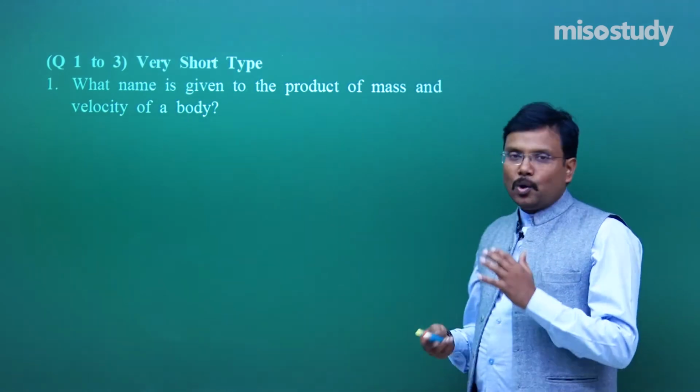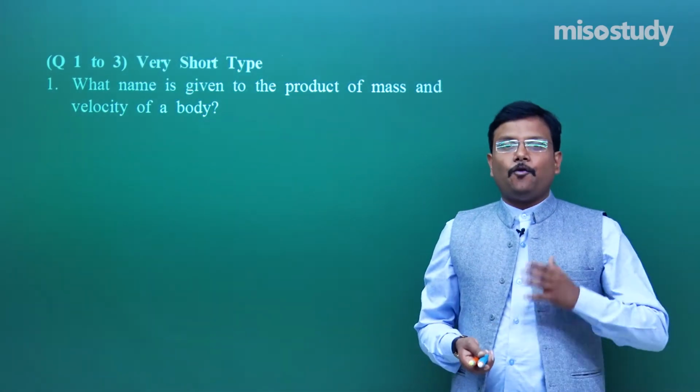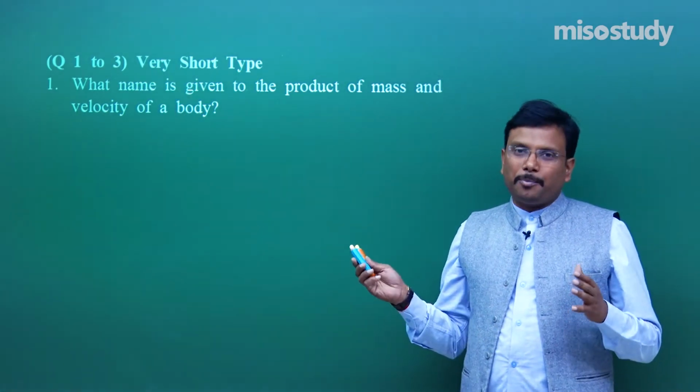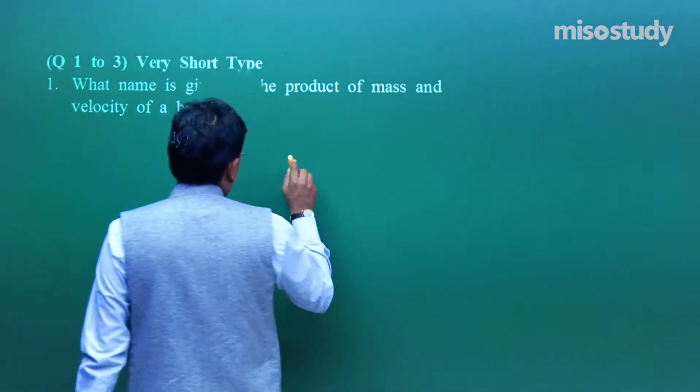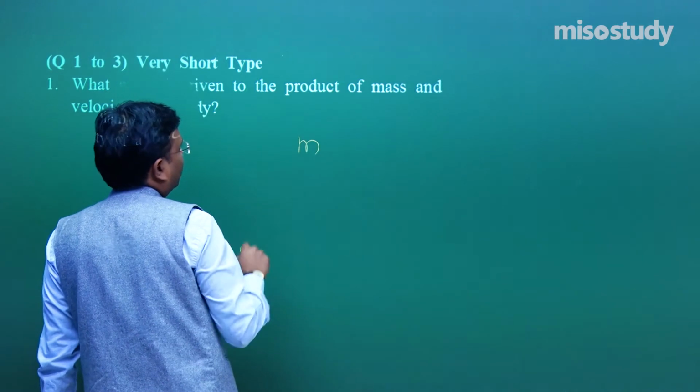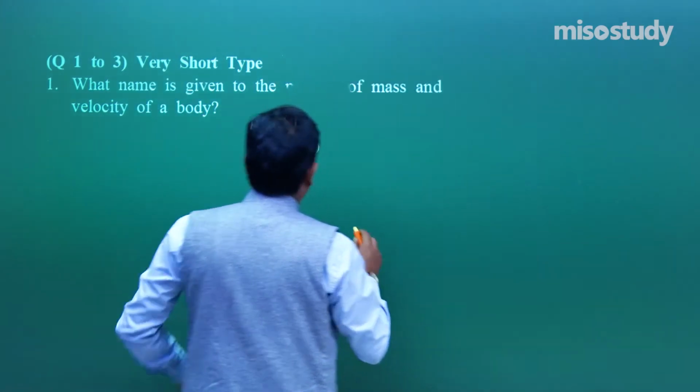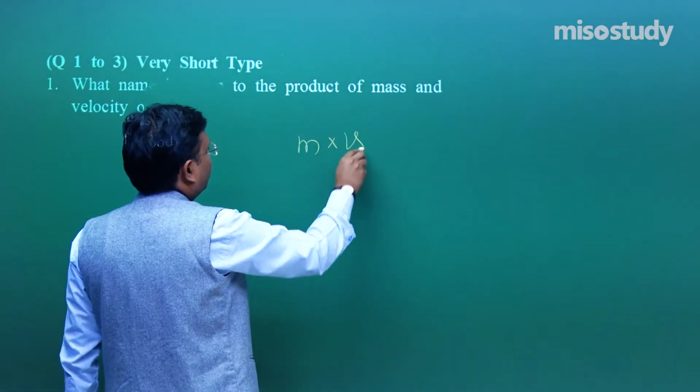So, first you have to follow the instructions given in the problem, that is mass m multiplied by velocity.